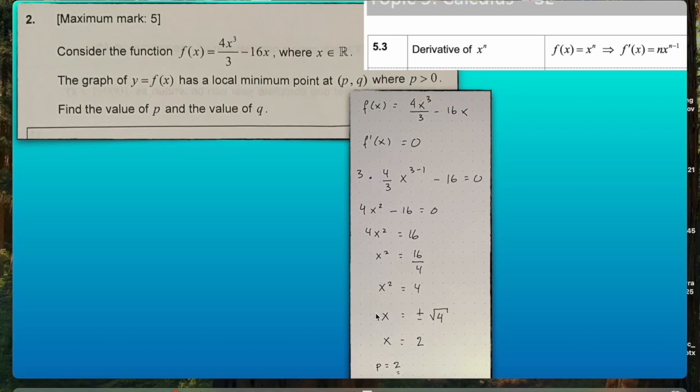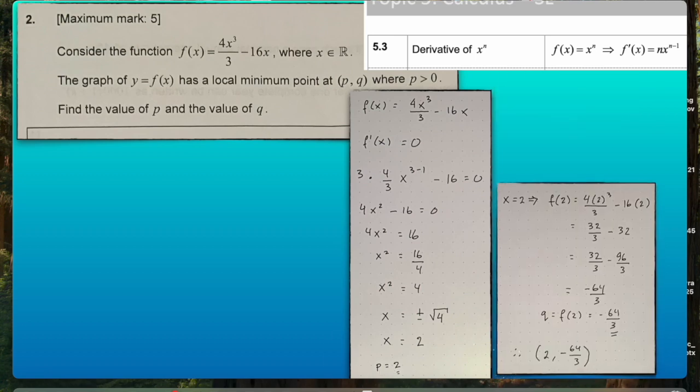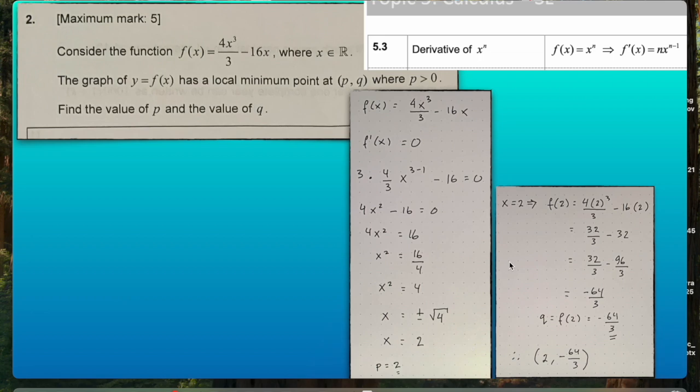Therefore, x is equal to plus or minus square root of 4. But here, p, which is the x coordinate, must be greater than 0. So we ignore the negative 2 and we only use x is equal to positive 2. So p is equal to 2. To find q, what we do is we substitute x is equal to 2 into the original function like so.